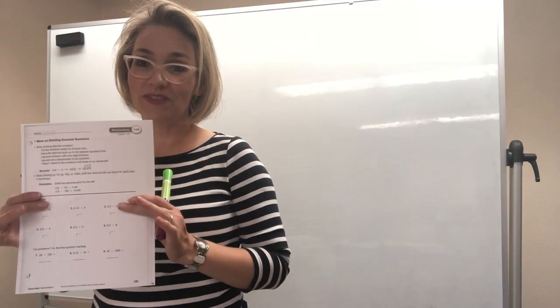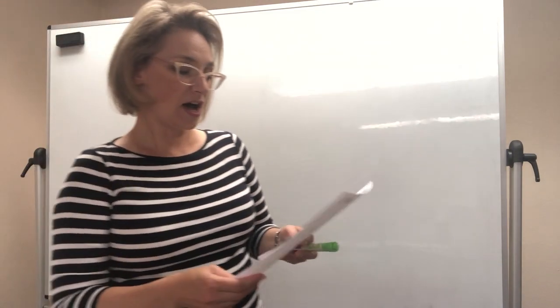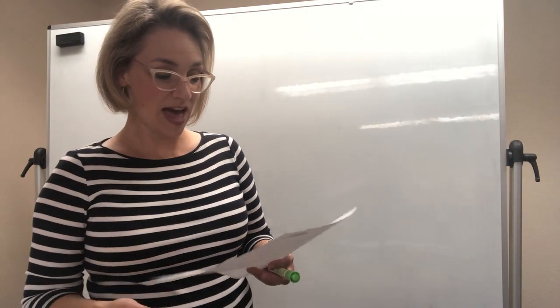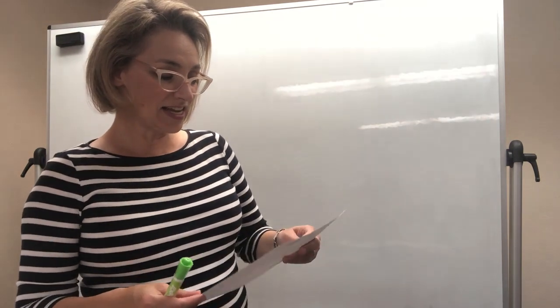So today we are going to be continuing learning a few more steps in division of decimals. You should also have the worksheet that says Reteaching 118. I'm actually going to be showing you some of the problems on here as the examples, so those are done for you, so they're not ones you have to do on your own, okay? So let's take a look at the first problem.